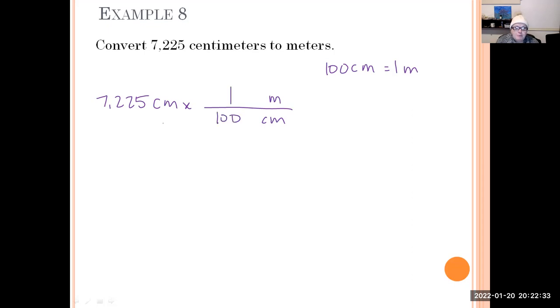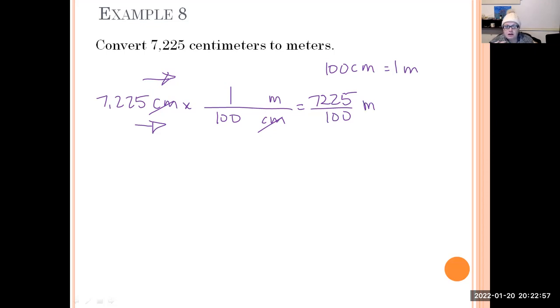Multiplying straight across, the centimeters are gone. Then 7,225 times 1 is just 7,225 divided by the 100. You can use a calculator, or if you understand how to move the decimal forwards and backwards, knock yourselves out.